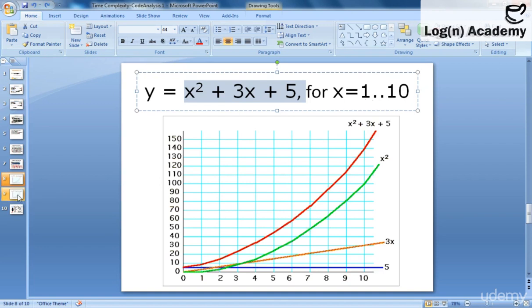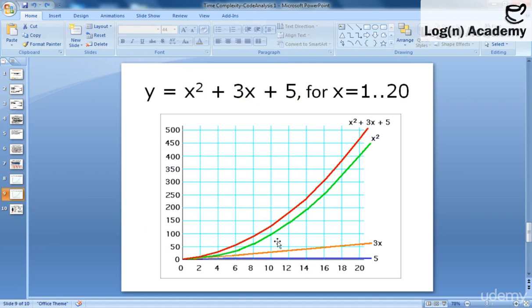Now if I increase the input size, you can see the distance between these two bars, the red bar and the green bar, has reduced, right? Because I have increased the input size from 0 to 20, and the n square term is dominating slowly.